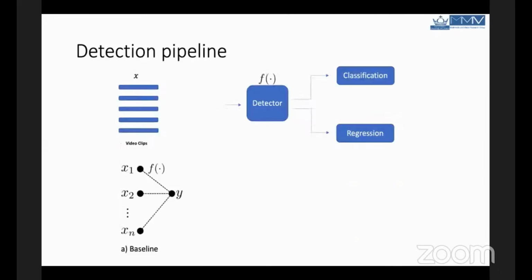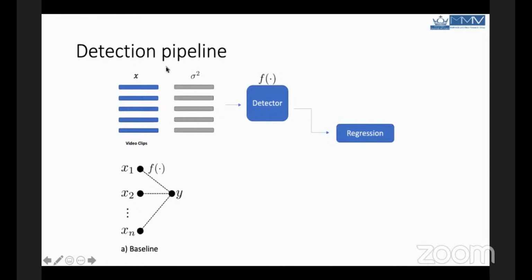For the baseline network, the video clips are converted to a fixed size feature, and then go through the detector to do classification and regression. In our paper, we mainly focus on the regression task. If we want to simplify that, it's a function, the simplest way to show it.